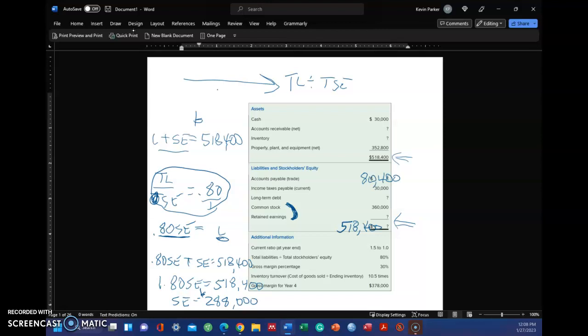We're going to get a negative number for retained earnings. That triggers a lot of issues for bookkeeping. I calculated it to be 72,000, but it's a negative.